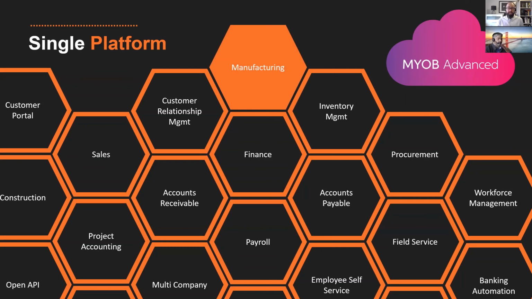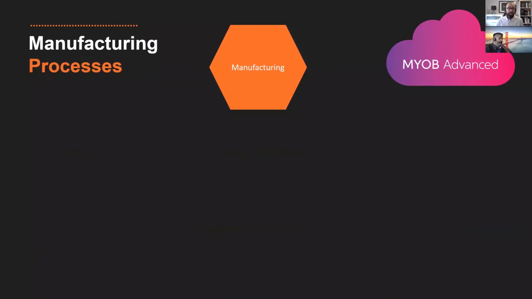So all of these, as I was saying, are tightly integrated modules that talk to one another to accomplish that single source of truth. So when it comes to manufacturing processes, there's a number of ways of how manufacturing is seen. This is, I guess, my interpretation of how it's seen and ties into most people that are out there.